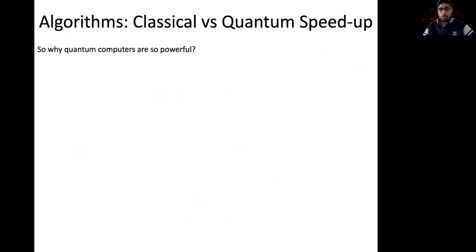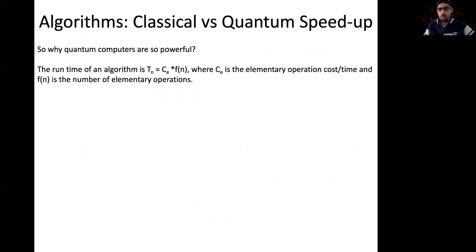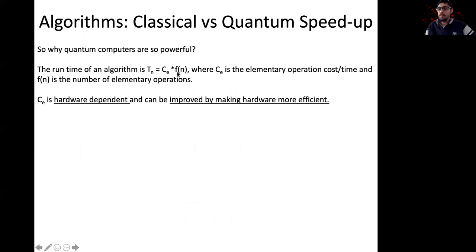But the important point here, and the reason quantum computers are powerful, is that when you have designed an algorithm and you have a total cost CE times F(n), no matter how efficient you make your classical computer, you are only going to improve the CE part of it, right? You can have a very powerful classical computer that compares the two data elements very fast, but it won't change the F(n) part because that's the algorithmic part.